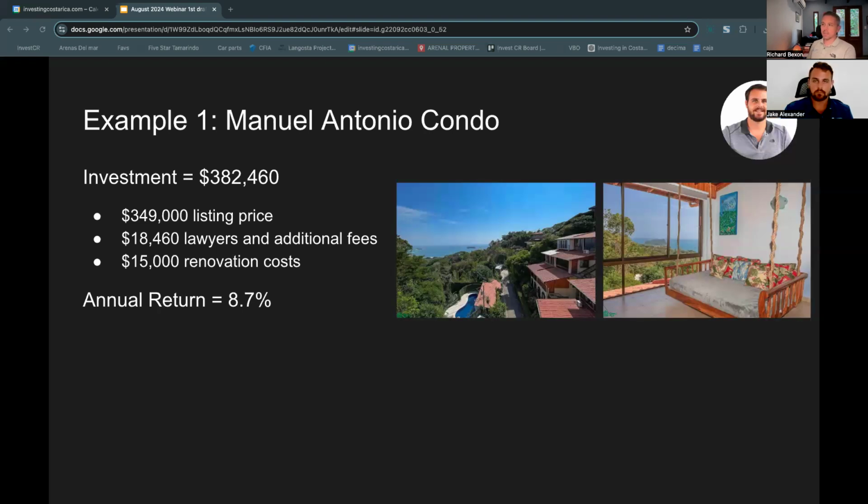But again, I think it all goes down to that formula and demand. And there are places in Costa Rica you can do very well if you know what it is that you're doing. I mean, you can get 6 to 8% returns. And look, this one's 8.7. And I think when we looked at those numbers, we were pretty conservative as well. I mean, there just aren't that many units in Manuel Antonio like this. So yeah.